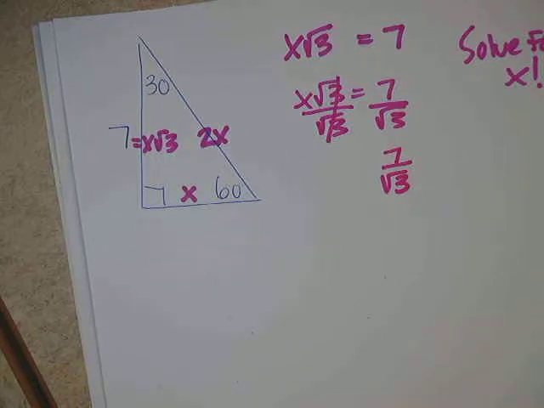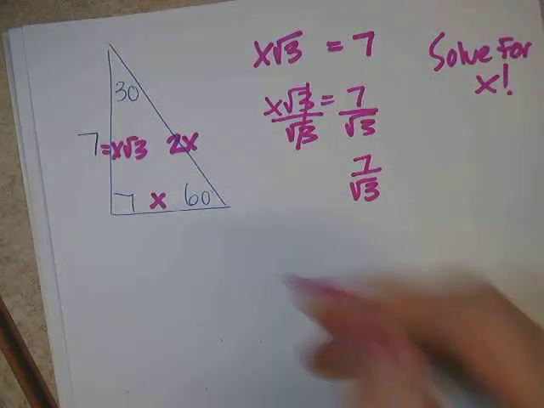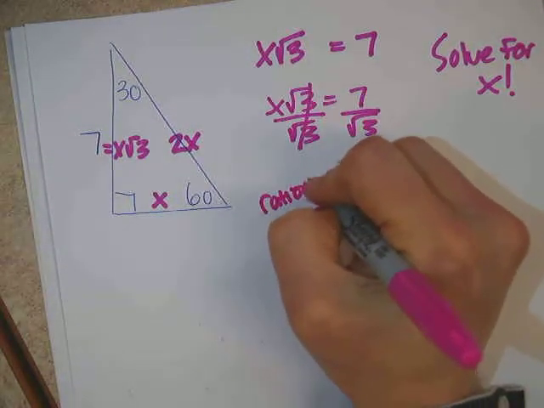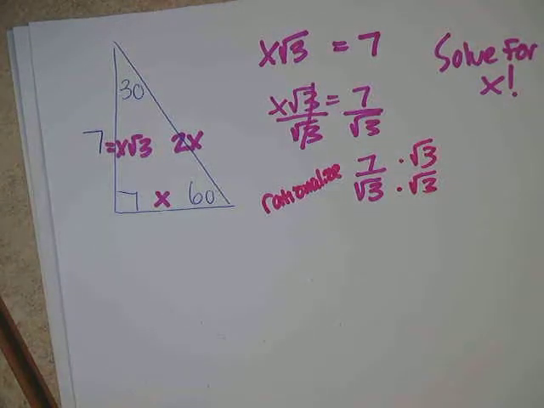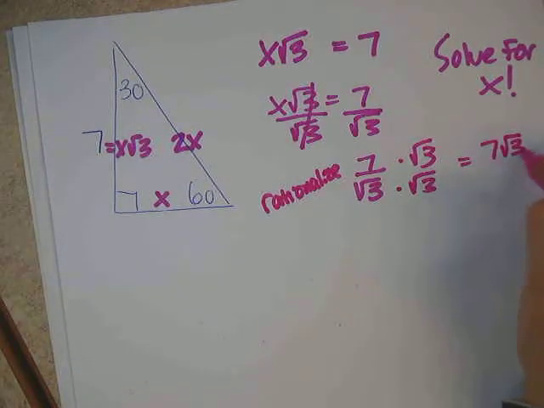Okay, so if I divide out the radical 3, then I have this. Okay, so you do have to rationalize.